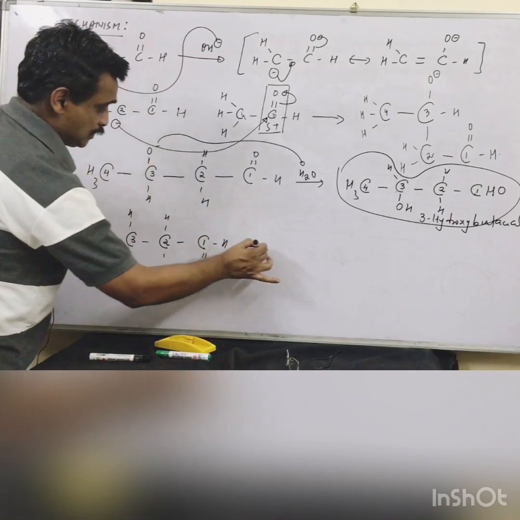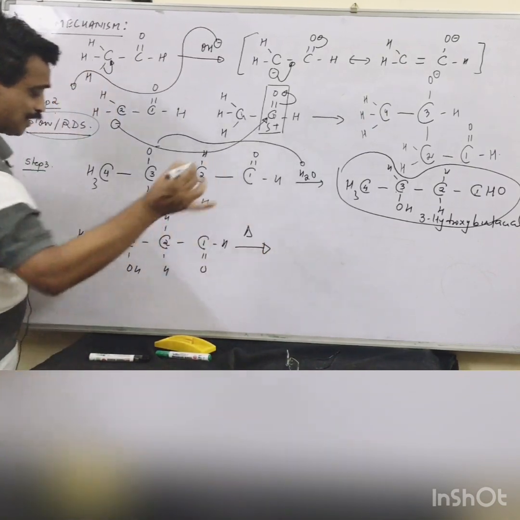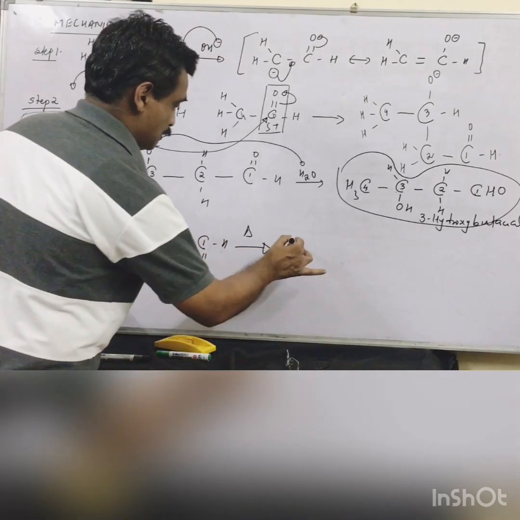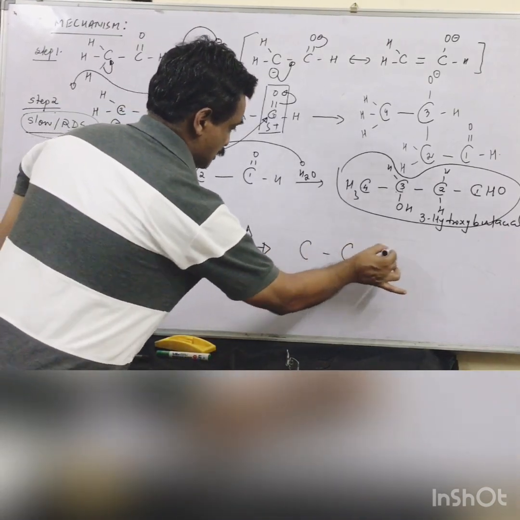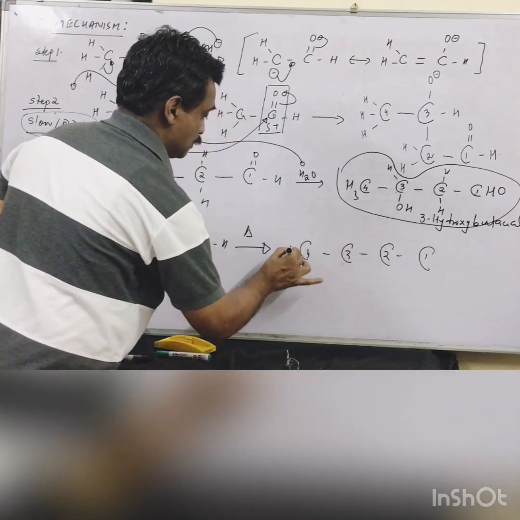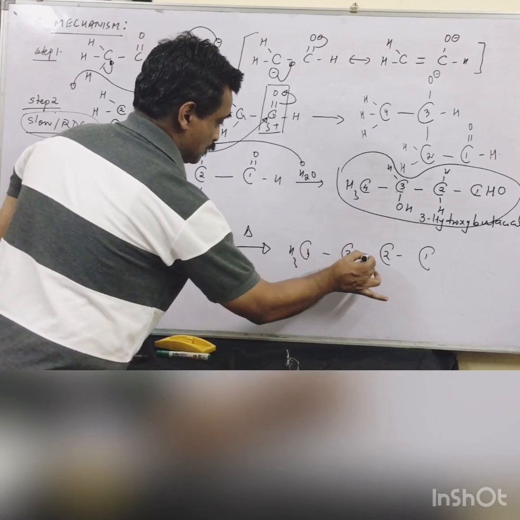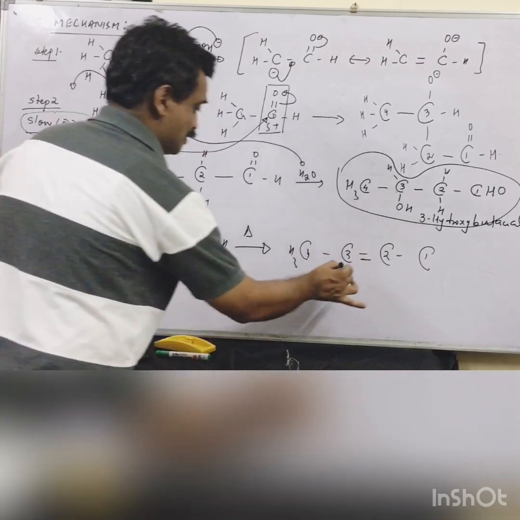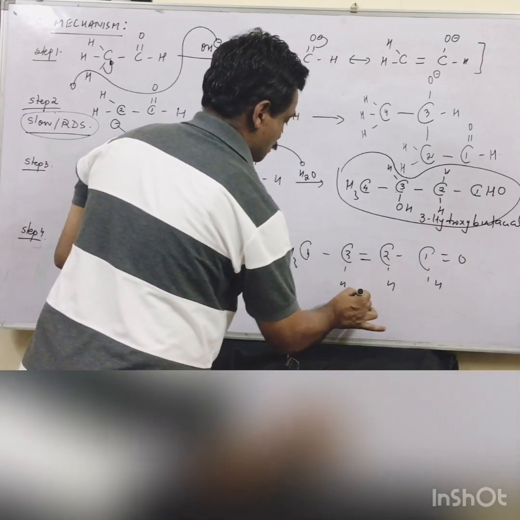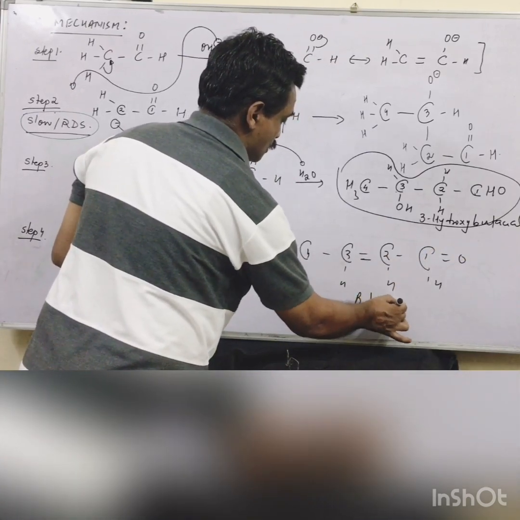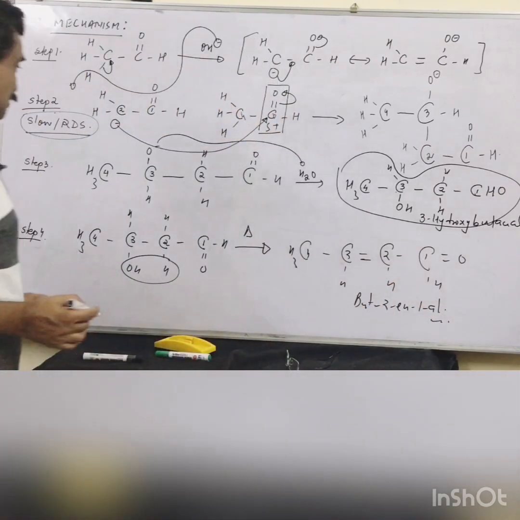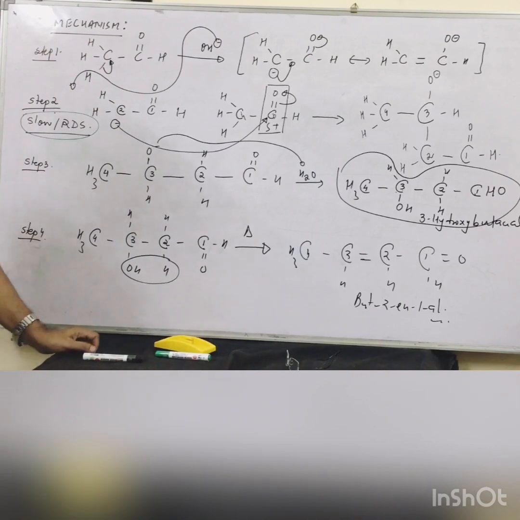So when this 3-hydroxybutanal is subjected to mild heating, it will lose a water molecule from here, and what we get is: this is 1, this is 2, this is 3, this is 4. It's a CH3. There used to be an OH here. Now there is a double bond. There is a hydrogen, there is one more hydrogen, and then there is an aldehyde. So this is but-2-enal.